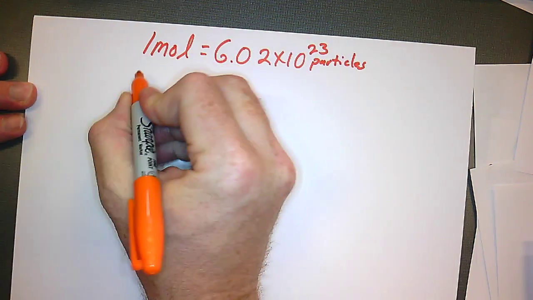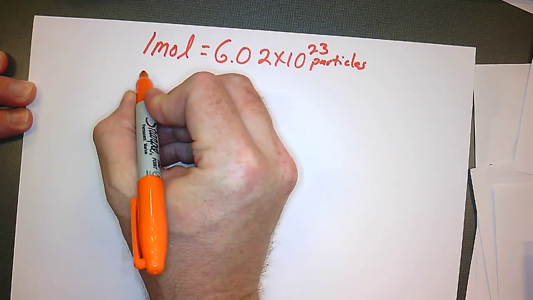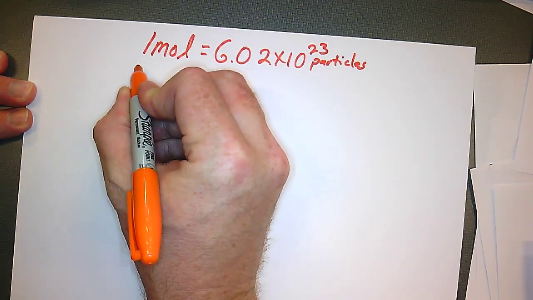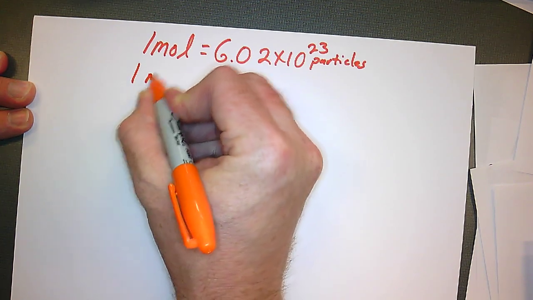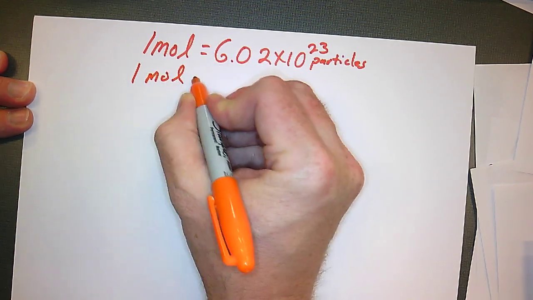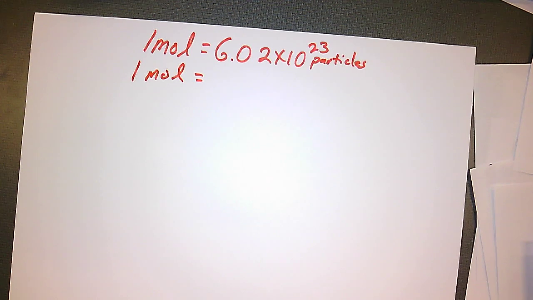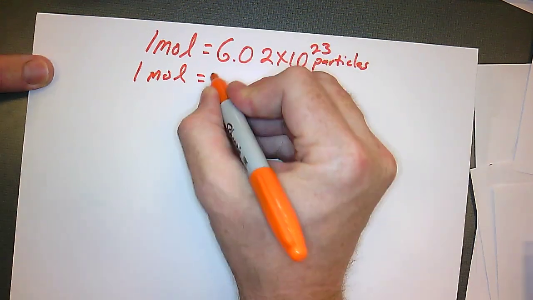The next conversion is the one to do with gases. And it's always the same at STP, and we're only going to deal with standard temperature and pressure. What is the volume that 1 mole of a gas occupies? Who remembers? What's the volume? 22.4 liters. Very good.